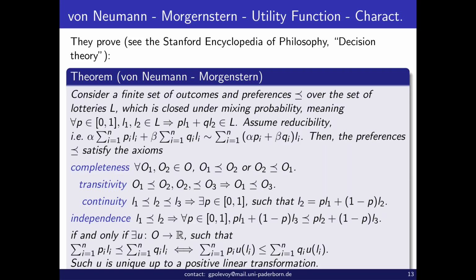So in order to say which lottery is preferred, we can simply compare the expected values of the utility function. Now, if it exists, such a utility is unique up to a positive linear transformation.